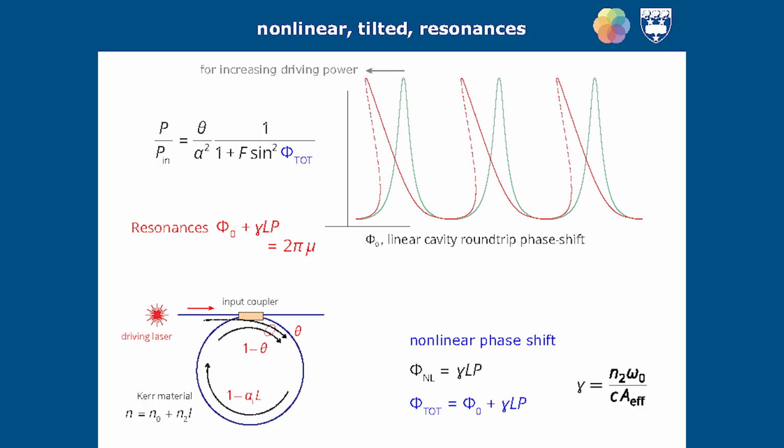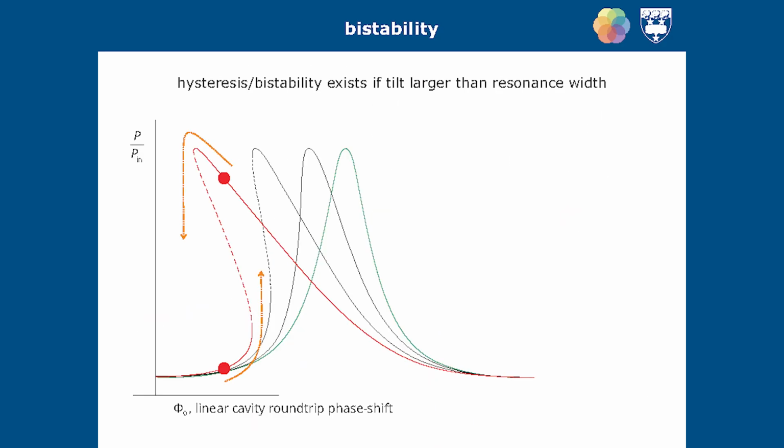So why does that happen? We can look at that on a grander scale, let's say a bigger picture. Let's imagine we start here. So phi naught is proportional to your laser frequency. So you can change phi naught by tuning your laser. And let's imagine we're coming from the left, increasing the frequency, and I'm here at the bottom there. Now imagine that I increase phi naught a little bit by pushing my laser a little bit to the blue.